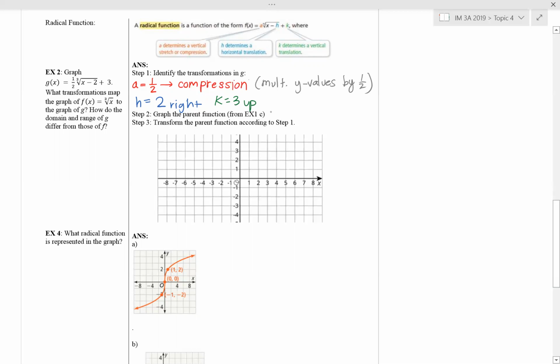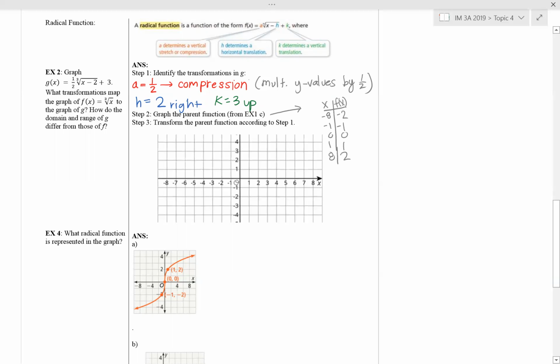So the very first graph that we did with a cubic was the following 5 points. So we used -8, -1, 0, 1, and 8. And those gave us the f of x values of -2, -1, 0, 1, and 2.